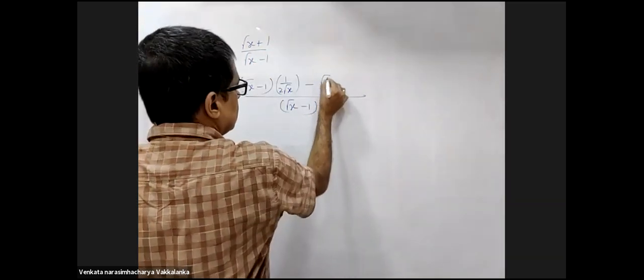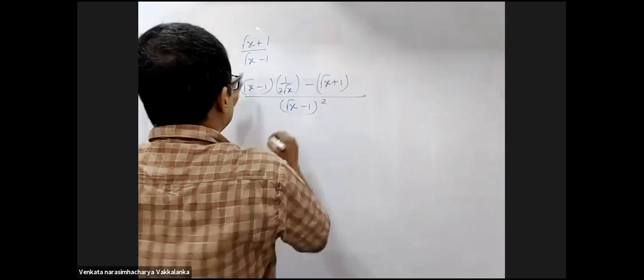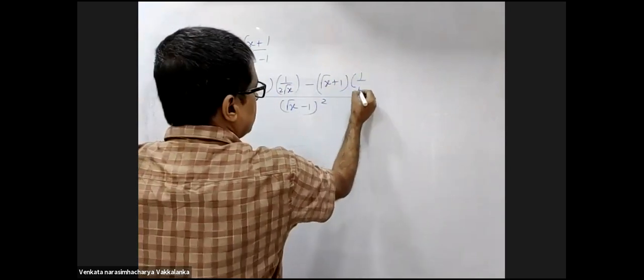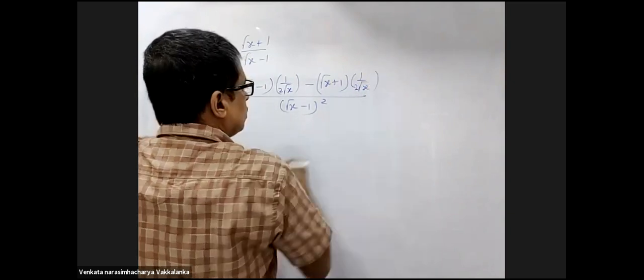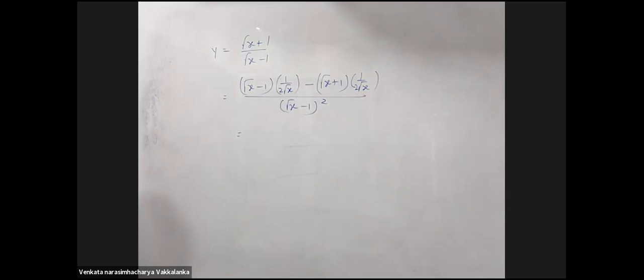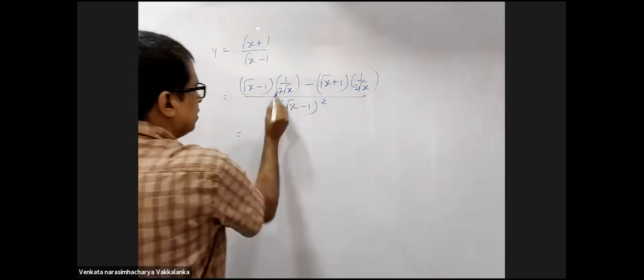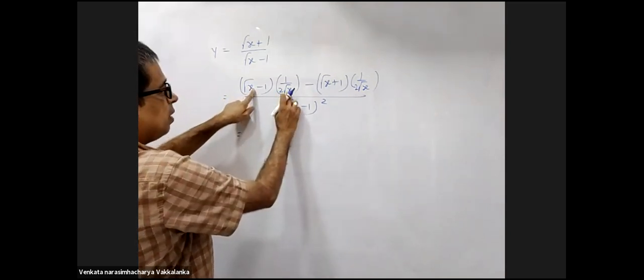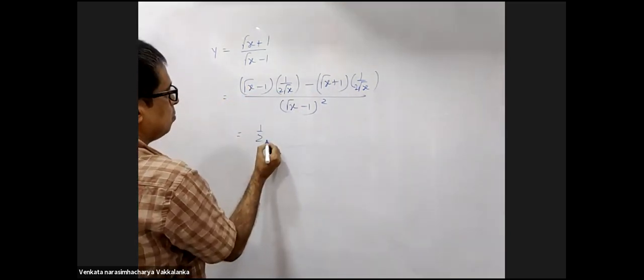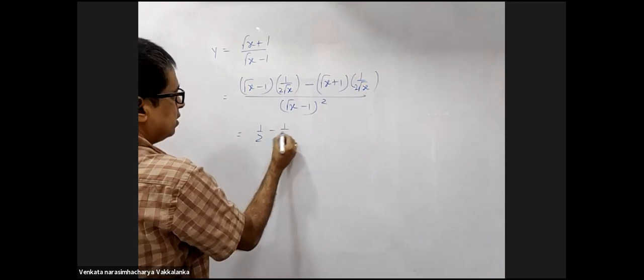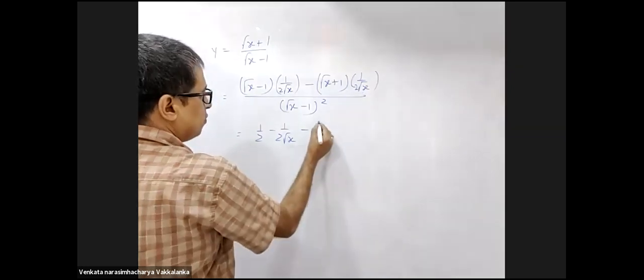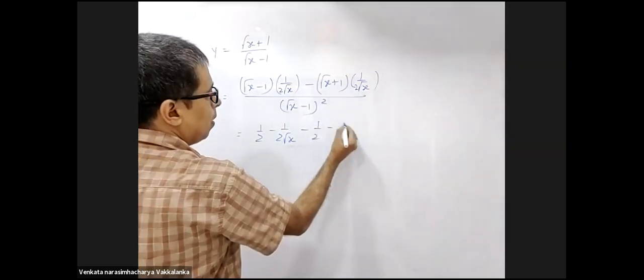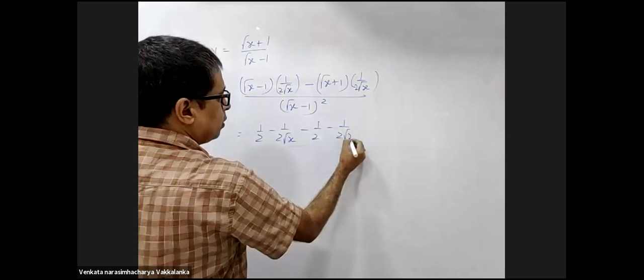Minus, keep root x plus 1 as it is and differentiate the denominator: 1 by 2 root x minus 0. Now, root x into 1 by 2 root x will become 1 by 2, minus 1 by 2 root x, minus of 1 by 2, minus of 1 by 2 root x.